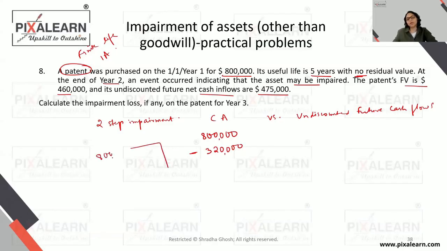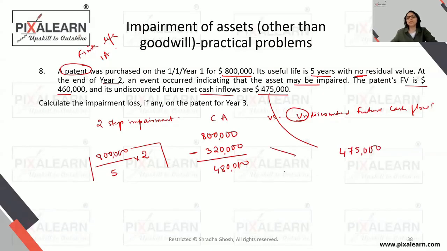I started with the historical cost of 800, divided it by 5, and have used it for 2 years. So the asset carrying amount in my books is $480,000. The undiscounted future cash flows are $475,000. So my carrying amount is more and the net result is that I have an impaired asset.